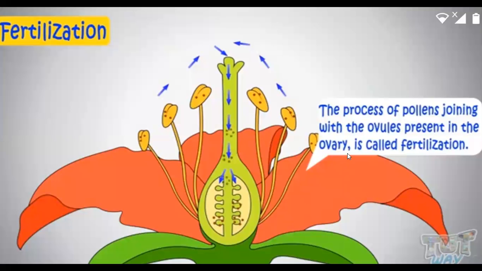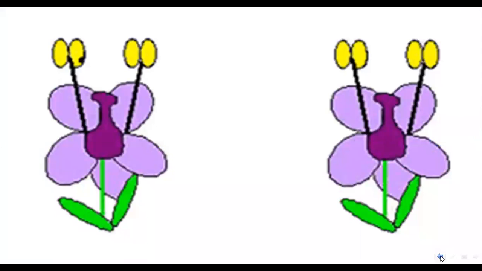Here you see the process of pollen joining with the ovules present in the ovary, which is called fertilization.